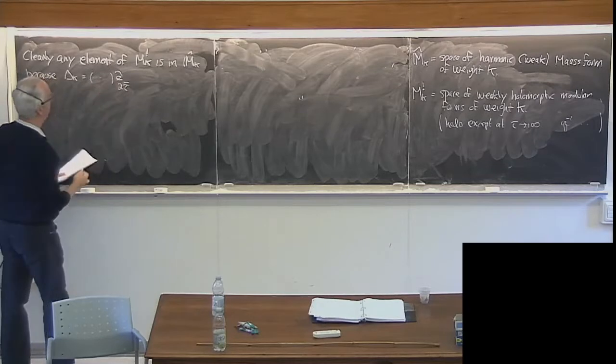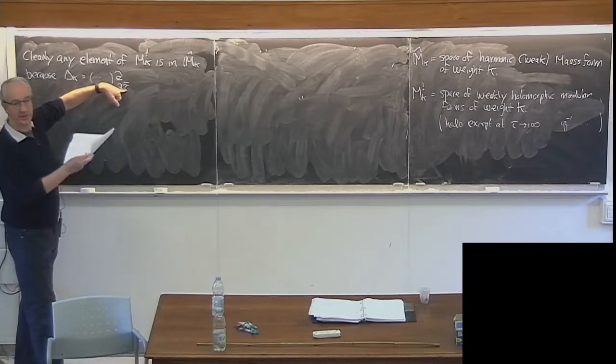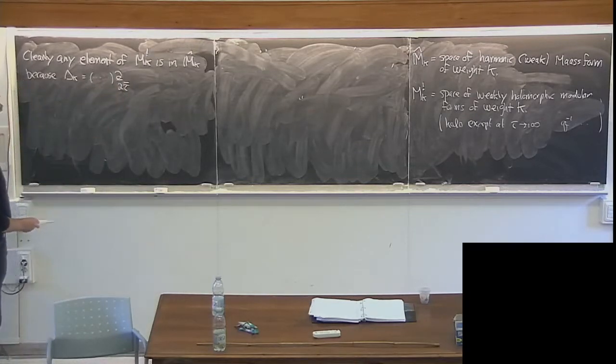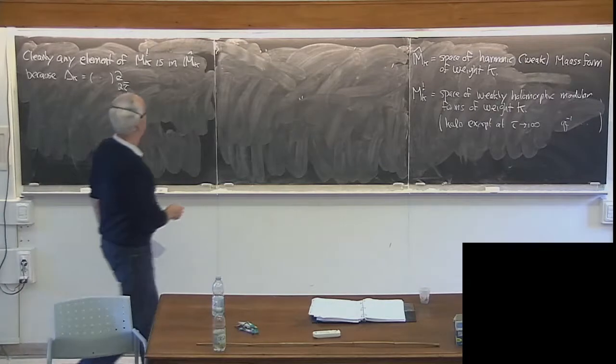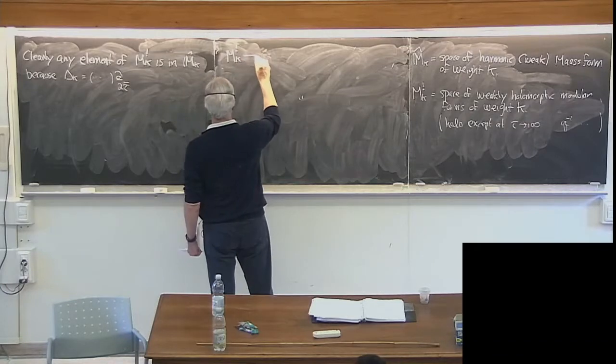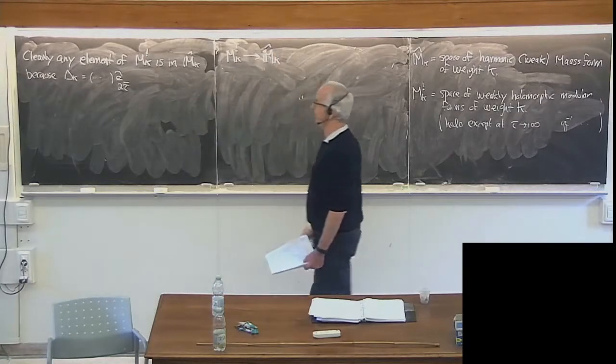And elements here are holomorphic, except at the cusp at infinity, so this derivative will kill them and put us in this space. So we have a map between these two spaces just by inclusion.